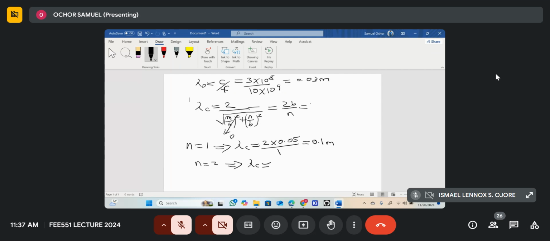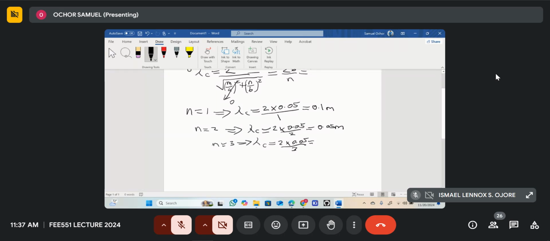Lambda c will be given by 2 times 0.05 over 2, because n is 2. That gives you 0.05. And then for n is 3, it will be 2 times 0.05 over 3. This one gives us 0.033.